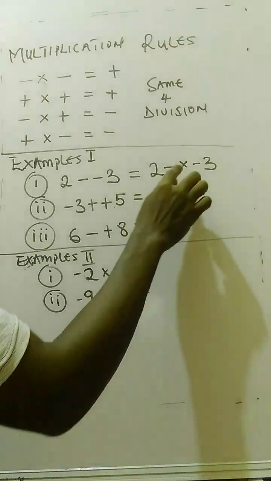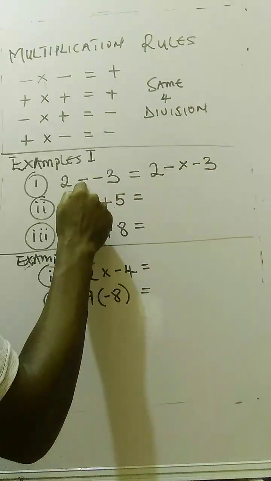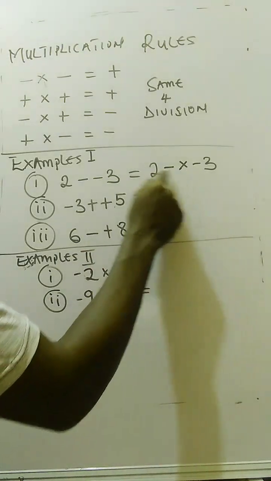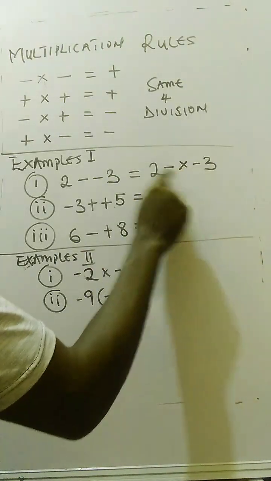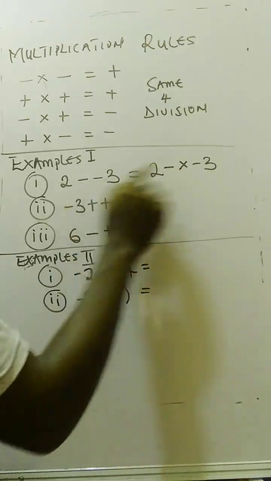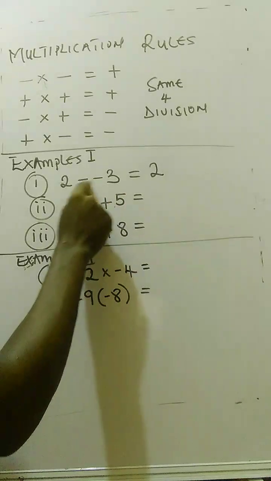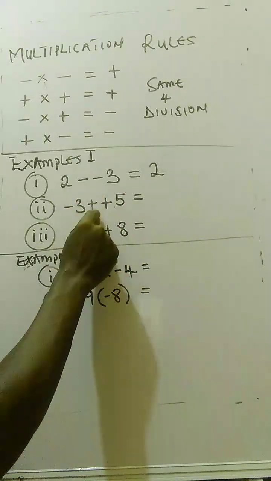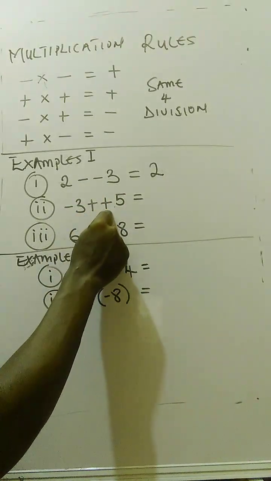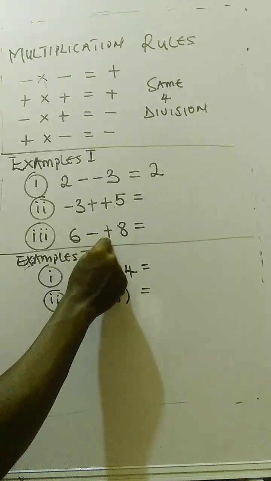They don't want to complicate things, so this is just a shorter form. Whenever you see two signs like this, it means minus times minus. Whenever you see two signs like this, plus times plus. Whenever you see two signs like this, minus times plus.